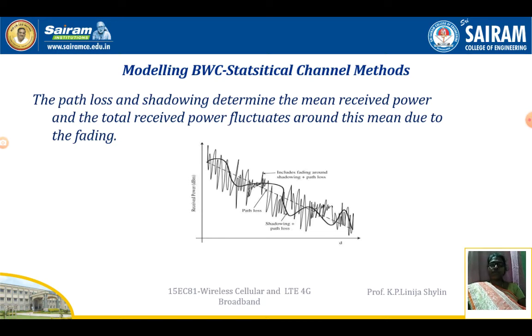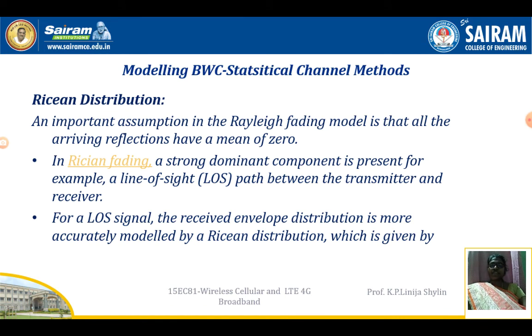This graphical representation gives a clear picture: on the y-axis we have the received power in dBm, and on the x-axis it is d. Here we can see the amplitude of the signal including fading on top of shadowing plus path loss, and with only the path loss, what is happening, shown with the dark line as well as the sinusoidal wave. From this diagram it is very clear how the envelope is distributed in Rayleigh fading. Next we will see the Rayleigh distribution.